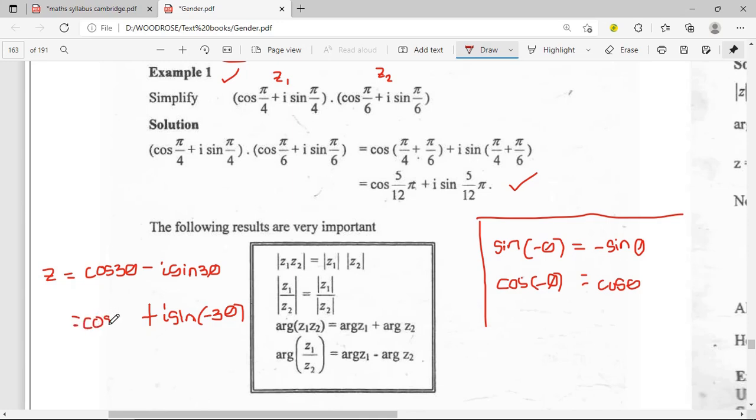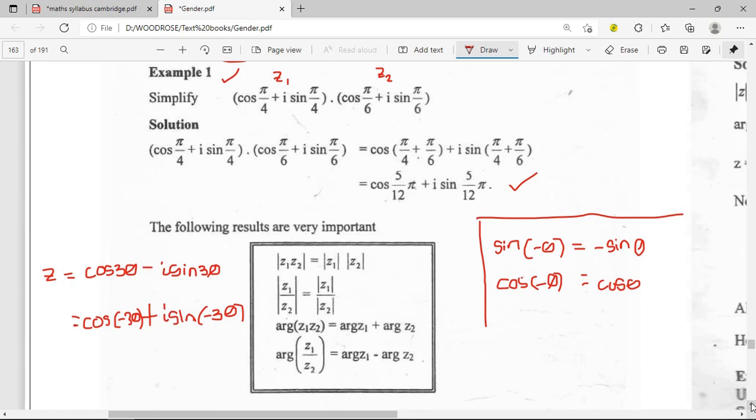So we remove the negative by multiplying the angles with the negative, because these results hold. Like sine of negative 3 theta will be negative sine 3 theta, we are using this result. And cos of negative 3 theta is the same as cos 3 theta, so the two are similar.